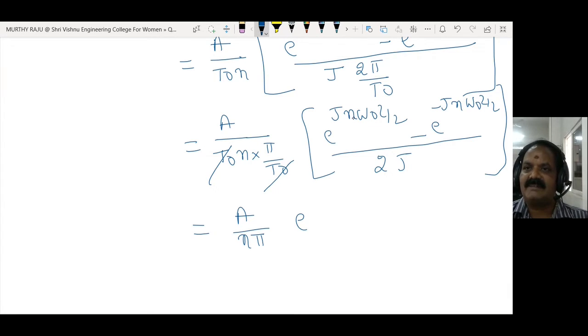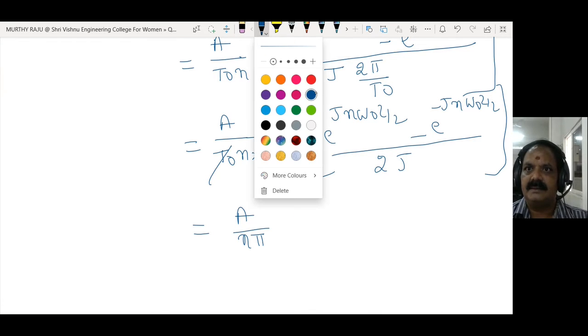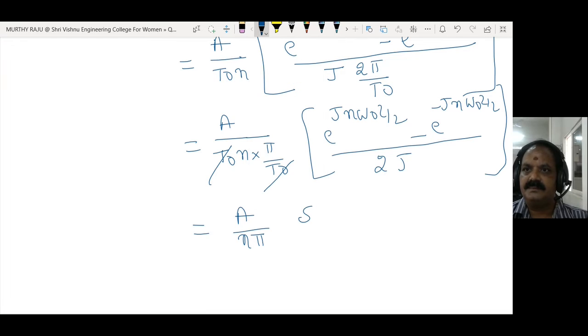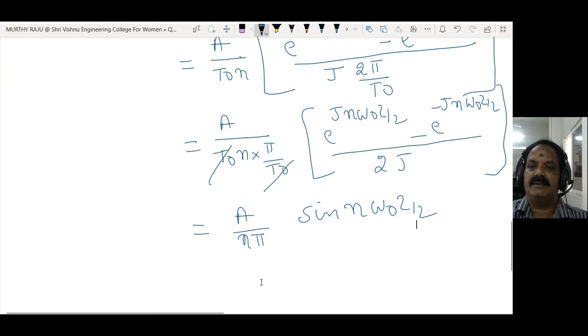e power jx minus e power minus jx by 2j is sin x. So sin of n omega naught tau by 2.